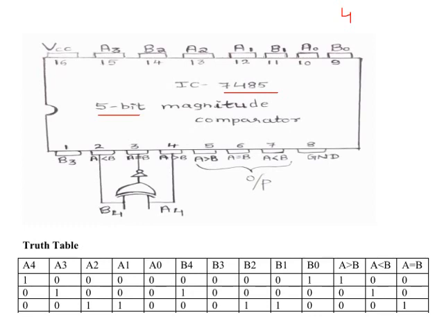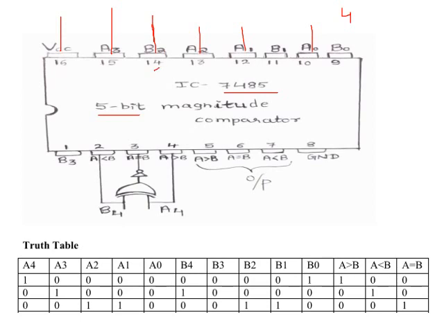How is that achieved? We have 16 pins on the 7485. Pin number 16 is VCC, right? And pin numbers 15, 13, 12 and 10 are the inputs for one particular variable.